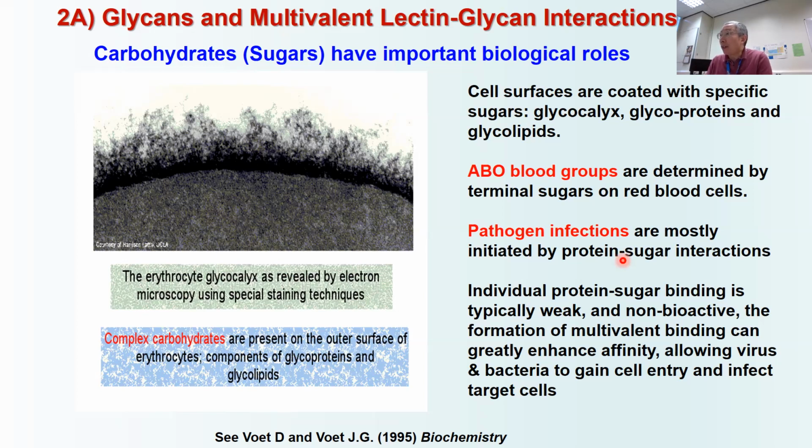We also know that many of these protein sugar interactions are intrinsically weak, and at the monovalent level they are non-bioactive. So if we can form multivalent binding, that can enhance the affinity and allow viruses and bacteria to enter the cells and of course cause the infection.